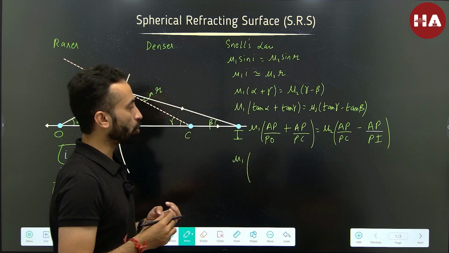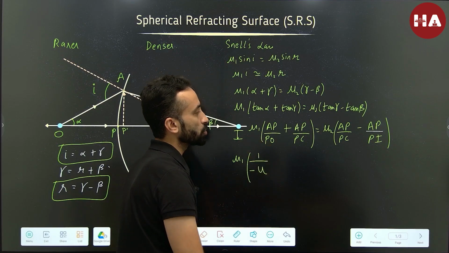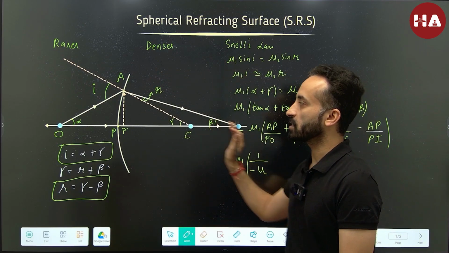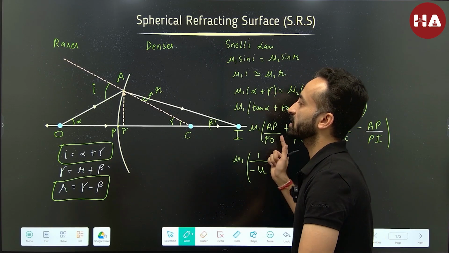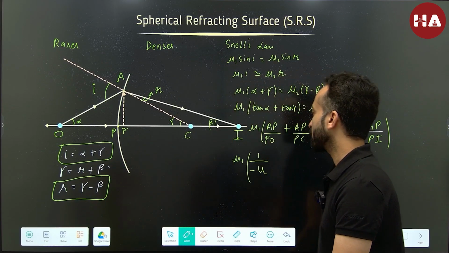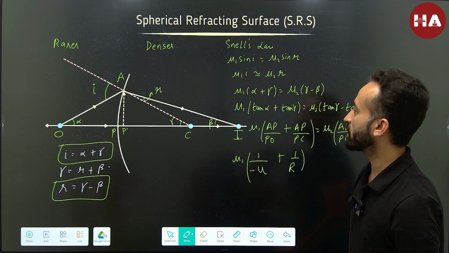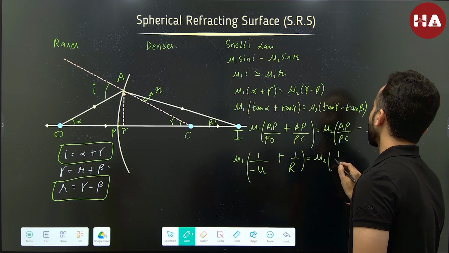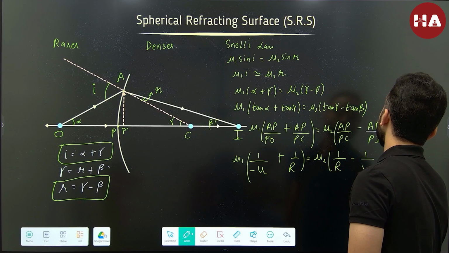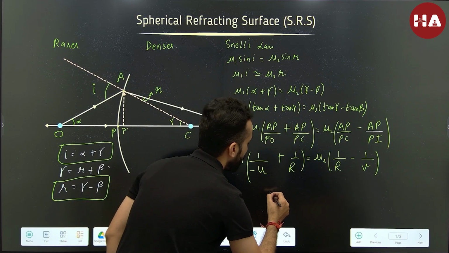Now the last part. What is PO? You would write PO is minus U for obvious reasons, because it is on the left side. We always follow the sign convention, right side positive, left side negative. Then PC is going to be plus R, that is the radius of curvature, and this is going to be V. You rearrange this, what are you getting?